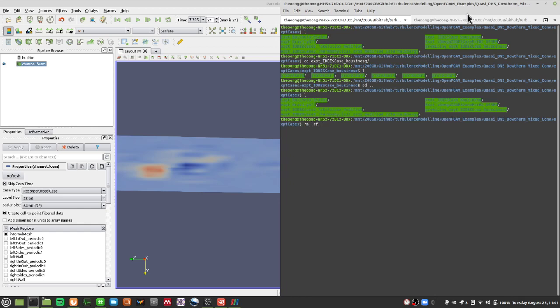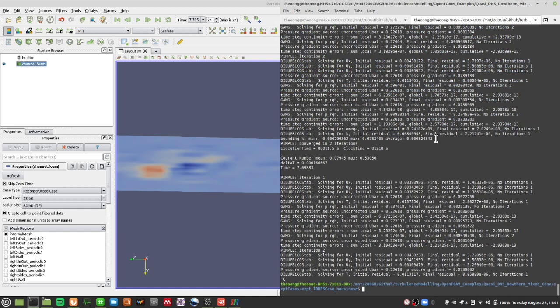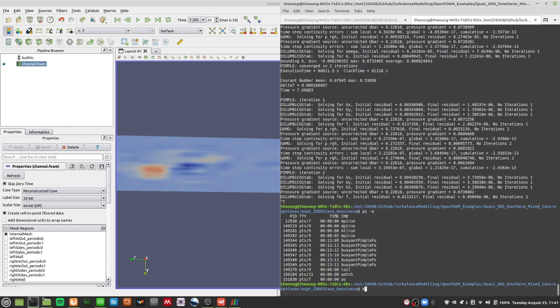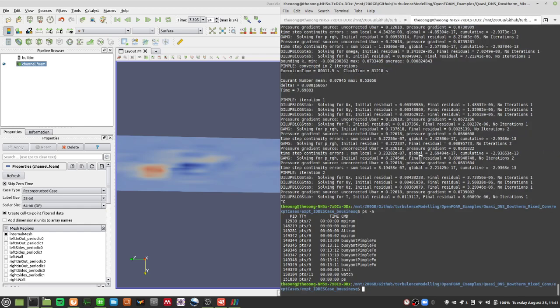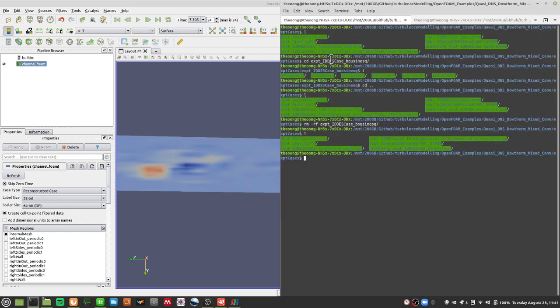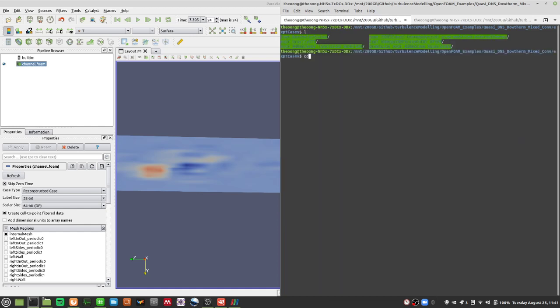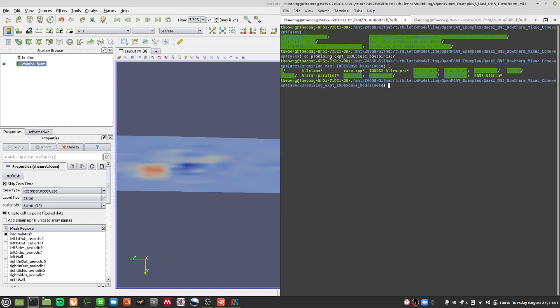I don't delete this because I want to kill this process. I have not killed this process yet. Yeah, I did, I think. Okay, RMS-RF experimental IDDES case boussinesq. Alright, so that's about it. Promising experimental case here.